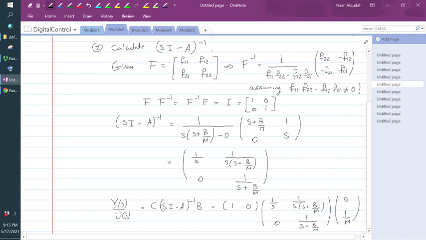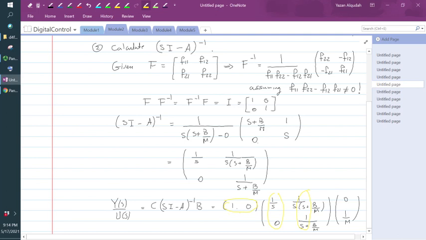Okay, so if we multiply these, this is going to give me 1 over s, and then this is going to give me, okay, so the way we multiply these, I'm going to take this, I'm going to multiply it by these two, term by term, and then I'm going to multiply it by these two. This is a 1 by 2 multiplied by 2 by 2, which is going to give me a 1 by 2.